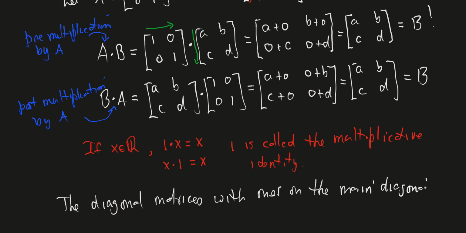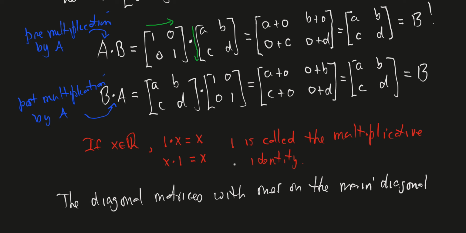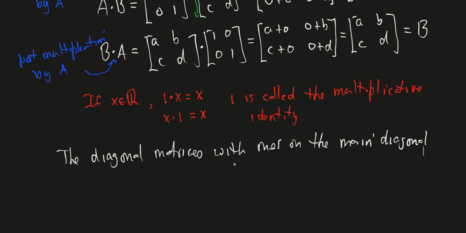Those matrices are referred to as the multiplicative identity, and they even have a special notation for it. So the diagonal matrices with ones on the main diagonal are known as multiplicative identities.